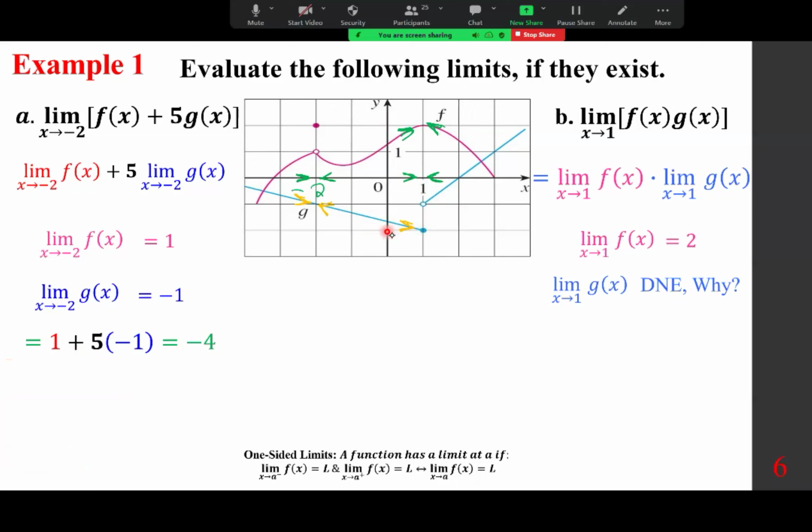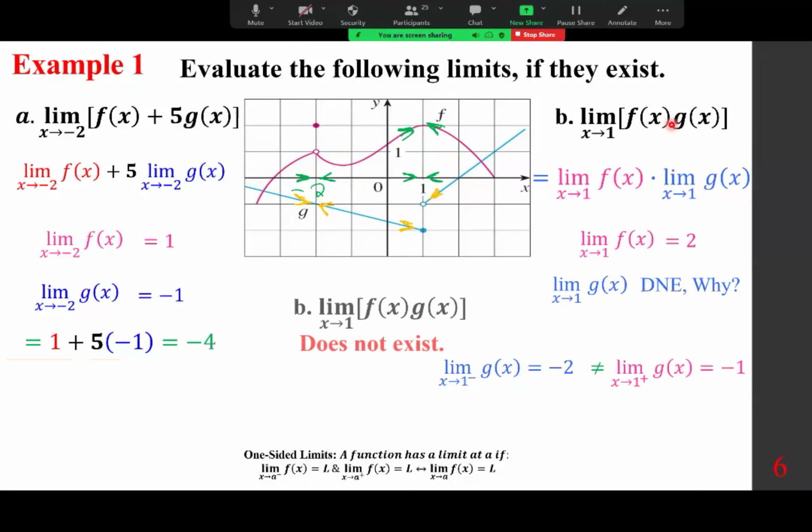And from the right side of 1, we are in this branch moving towards this hole, which has a different y coordinate, namely -1. Since the two are not the same, the limit of g of x as x approaches 1 doesn't exist. Therefore, the limit of the product does not exist.